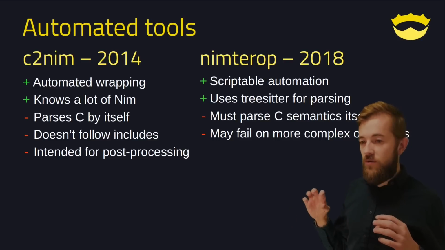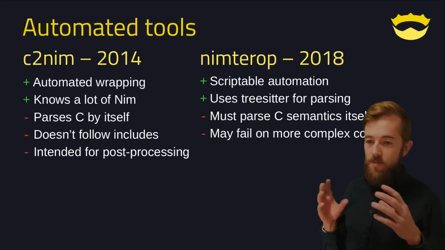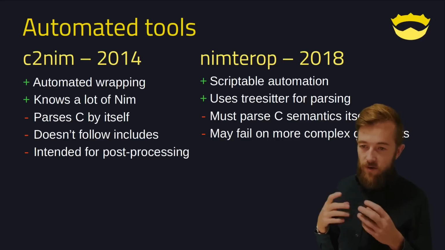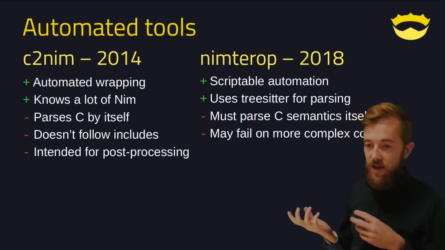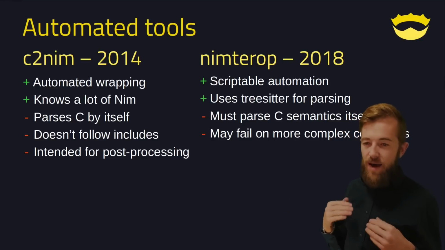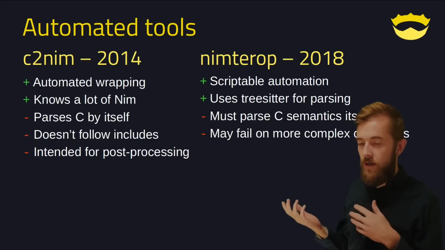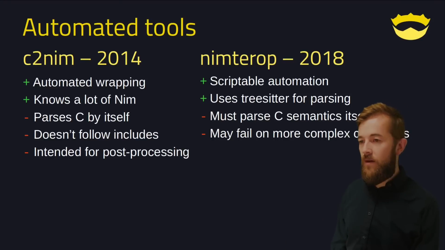So you need to document all of the changes you've made. You need to remember to do them again if you ever want to wrap the project again. And you get back a lot of that manual work that we had when we were writing these mappings by ourselves.